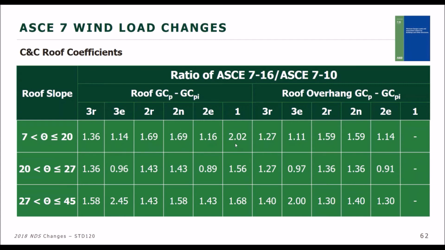Over here in zone 1, which is an interior zone, you can see a 100% increase in roof pressures on the interior of the structure. So pretty significant changes, pretty significant increases. One of the options that you have to offset those increases and make sure we can keep the sheathing on the roof is roof sheathing ring shank nails.